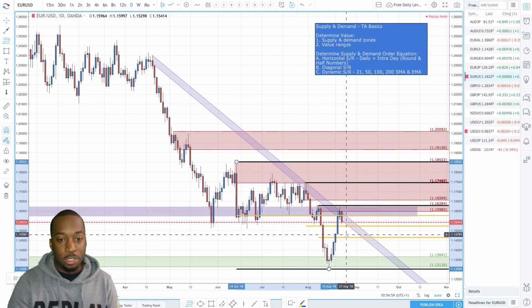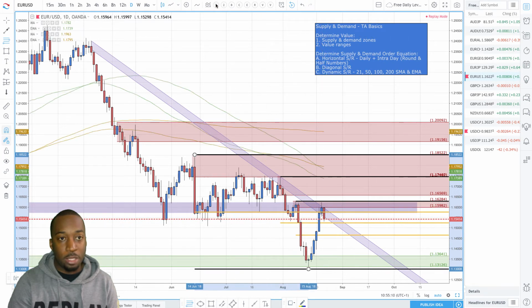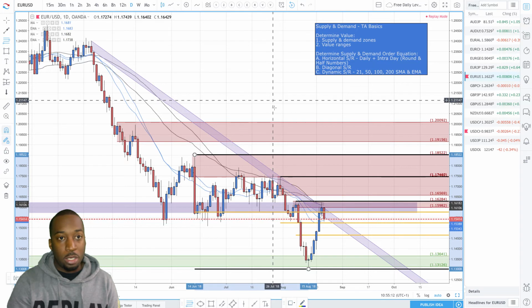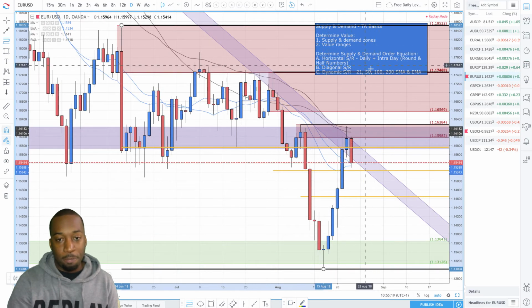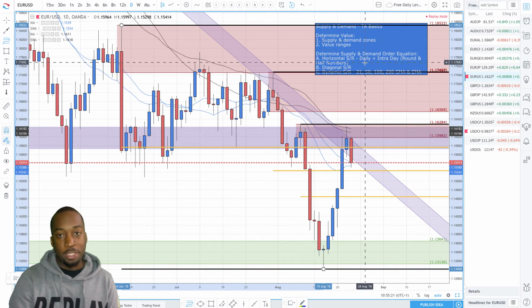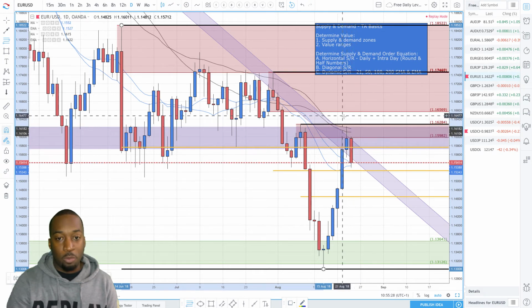You can see resistance here, and prices came down. We had this trend line as well. So this was an area that I was looking to also get short in, and we also had, I think it was the 50 MAs around this area as well. So from a textbook setup, from a technical analysis, supply and demand basics, this pretty much fit a lot of the criteria. This is where I kind of got short, stop above the highs.